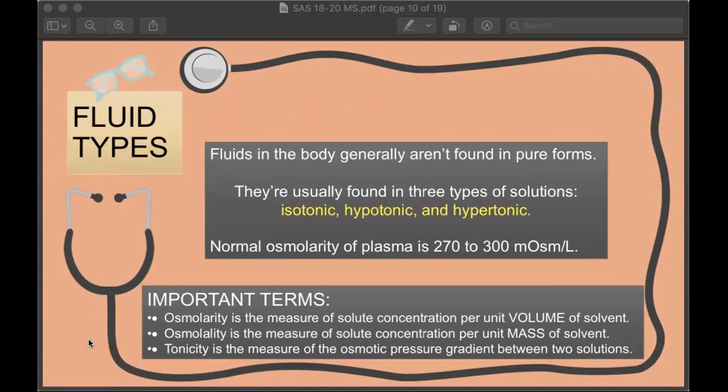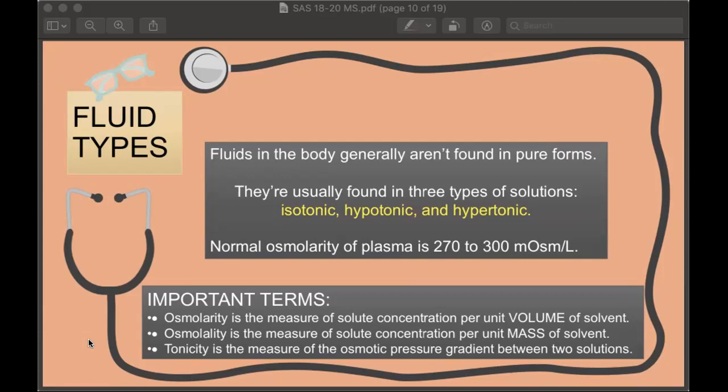Isotonic IV solutions have the same concentration of solute as the blood plasma. Hypotonic, on the other hand, has lesser concentration of solute, while hypertonic has greater concentration of solute than the plasma.